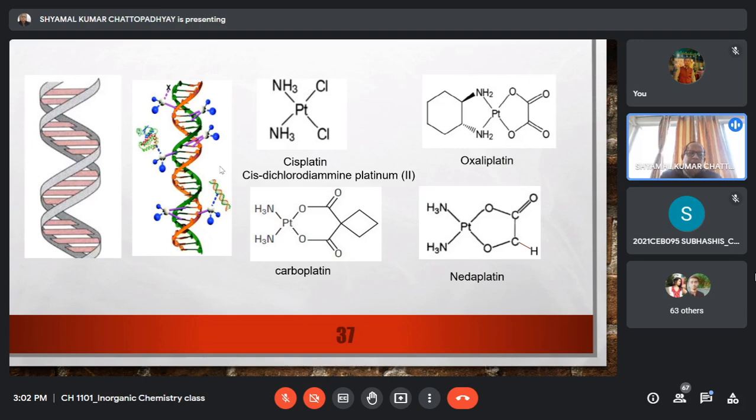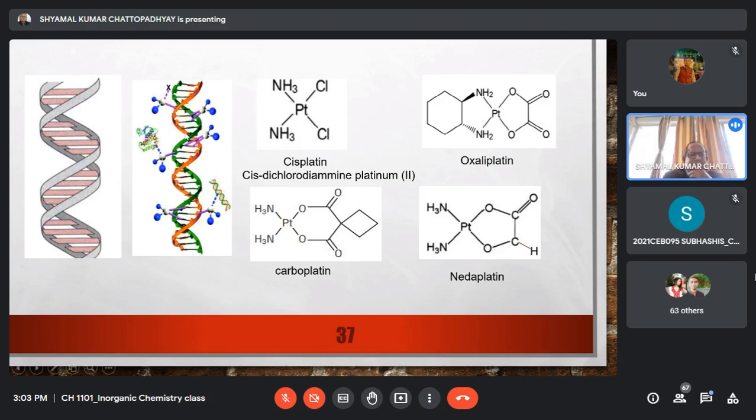The number of turns will decrease, right? It may be unfolded, etc. So lots of physiochemical changes of DNA will occur. And as a result, this distorted DNA cannot participate in DNA multiplication. And if DNA multiplication is stopped or inhibited, then cell multiplication will also be stopped.